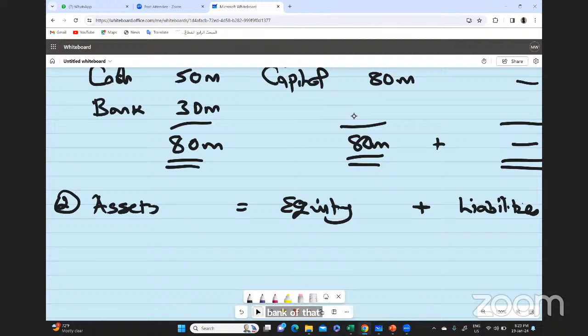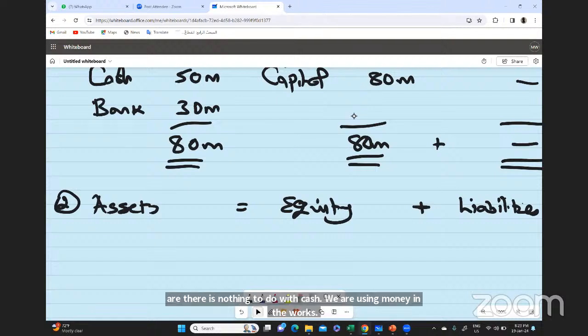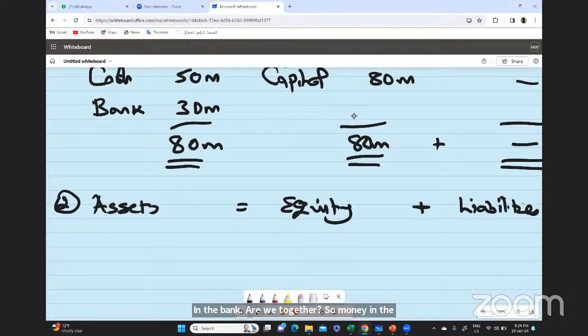In our new accounting equation, cash is remaining because this transaction has nothing to do with cash. We are using money in the bank, which was 30 and is going to reduce by the 18, and we get a new asset, which we are calling land.